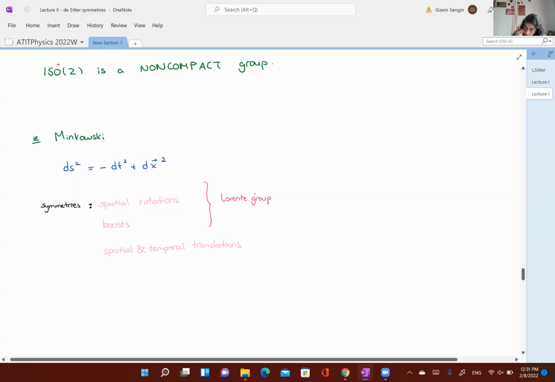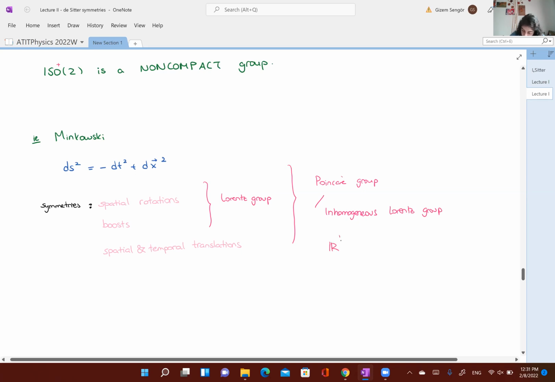Now, the Lorentz group, equipped with spatial and temporal translations, makes up another, bigger group. This is called the Poincare group, also called the inhomogeneous Lorentz group.